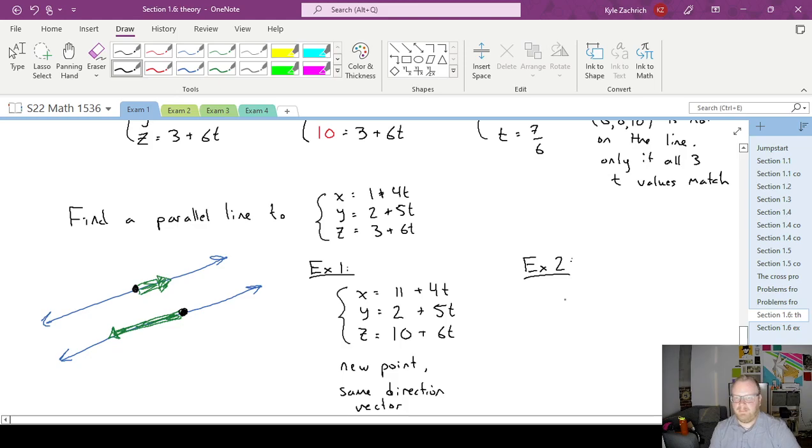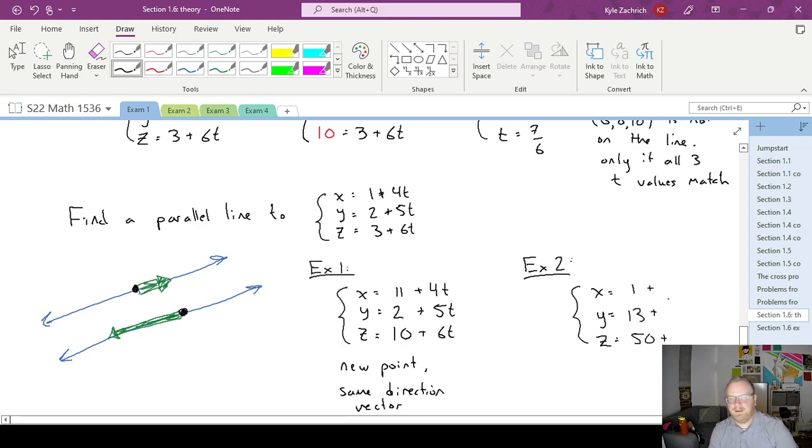Another line parallel to that would be this one. Say x equals y equals z equals. So I'll pick a new point here. Let's say 1, 13, 50. So a new point, right? A new x naught, y naught, z naught on here. And then instead of 4, 5, 6, I'm going to try this one out.